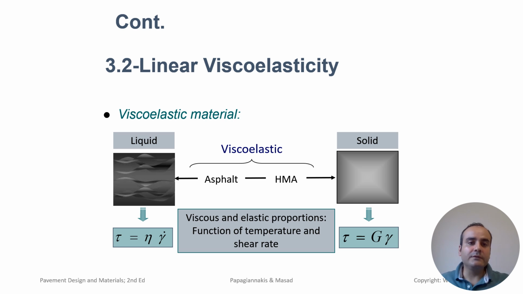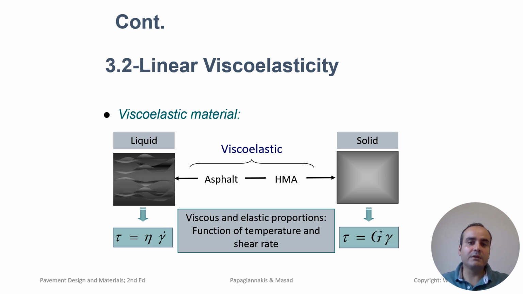In terms of Newtonian fluids, like water or air, the shear strain increases linearly with increasing shear stress. Newton's law of viscosity governs the relationship between shear stress and shear rate.